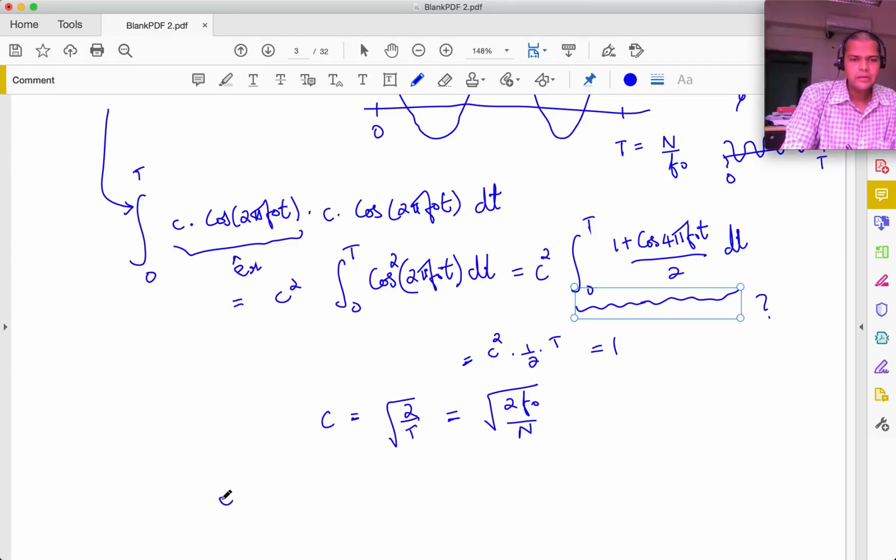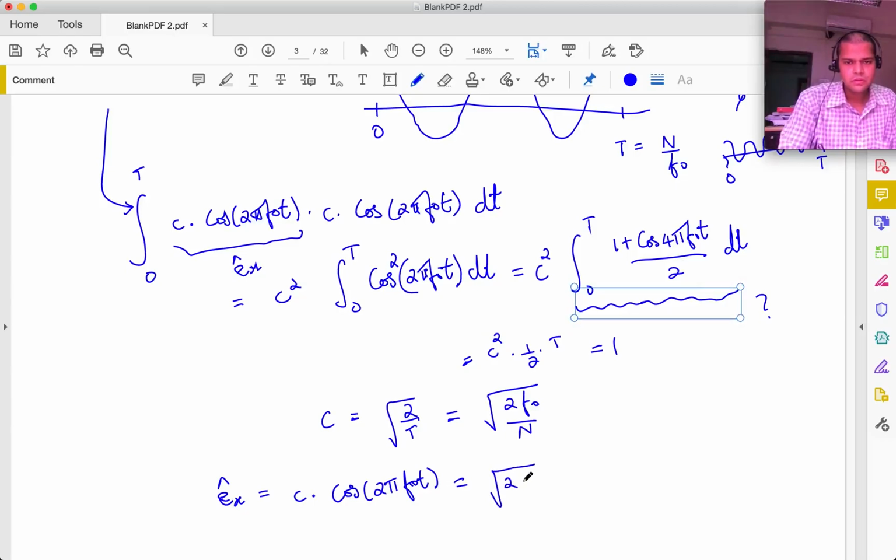Okay, so just to write that down again, Ex is c times cosine 2 pi f0 t, which is just root 2 f0 by n, cos 2 pi f0 t.